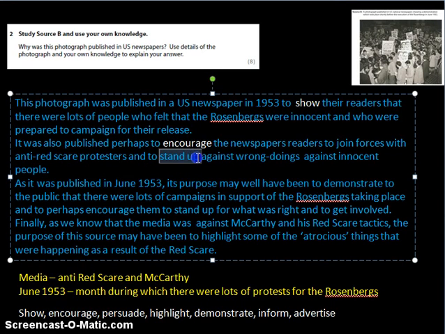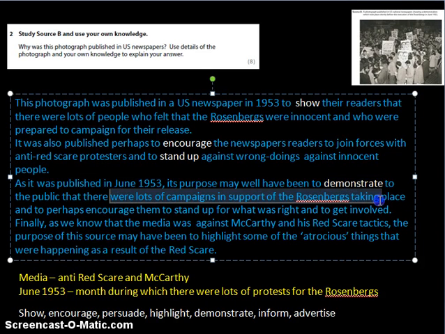Stand up is also, I suppose, a bit of a purpose word. As it was published in June 1953, its purpose may well have been to demonstrate to the public that there were lots of campaigns in support of the Rosenbergs taking place and to perhaps encourage them to stand up for what was right.